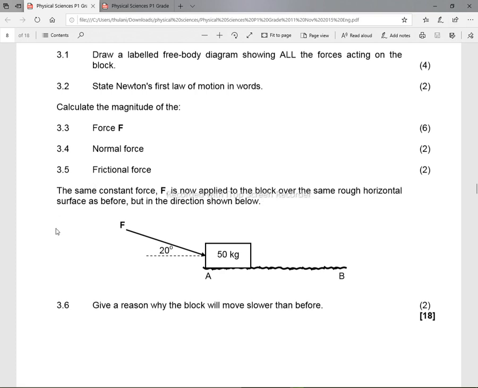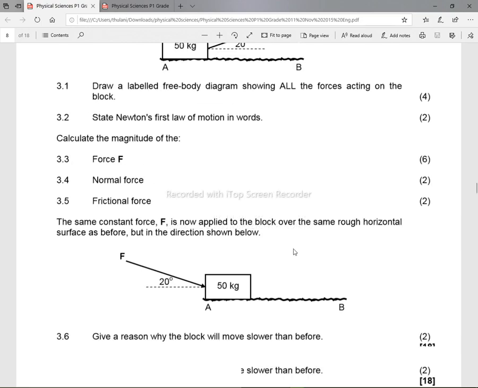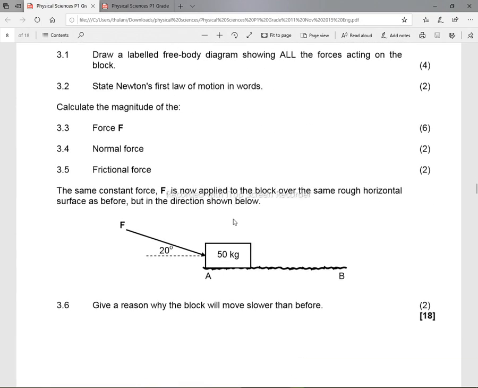And they say 3.6, the same constant force F is now applied to the block over the same rough horizontal surface as before, but in the direction shown, meaning that at first it was like this, and now they change how they apply it.